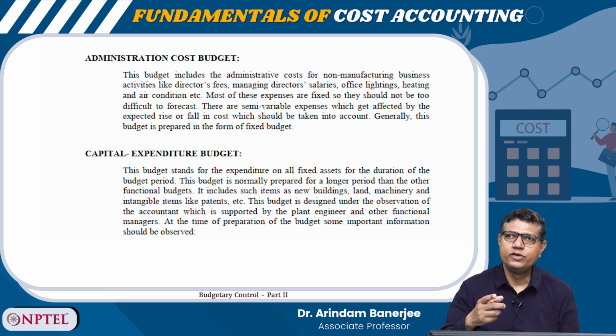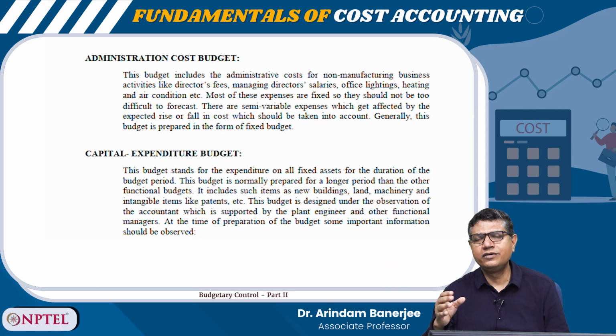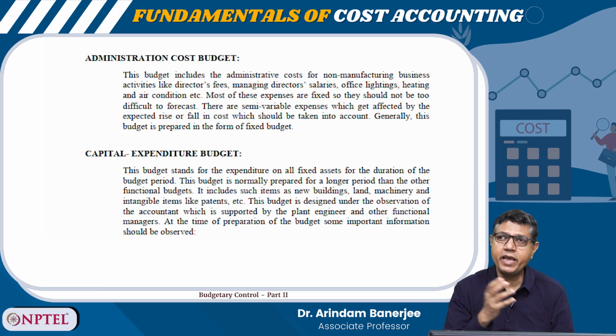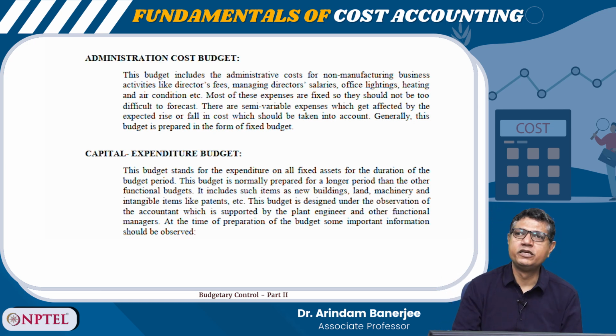One option is you increase your capacity or you outsource. If you want to increase your capacity, then you have to make some capital expenditure. You need to buy machines, build factory sheds, you need space and land for that. If it is required, then you have to prepare one budget which is called the capital expenditure budget.